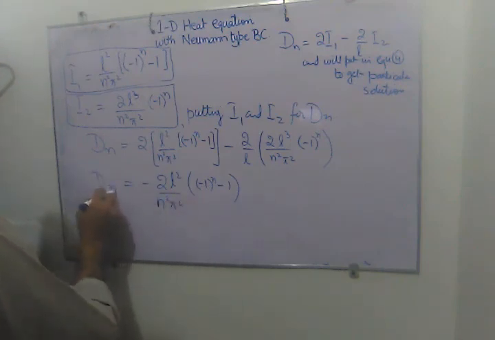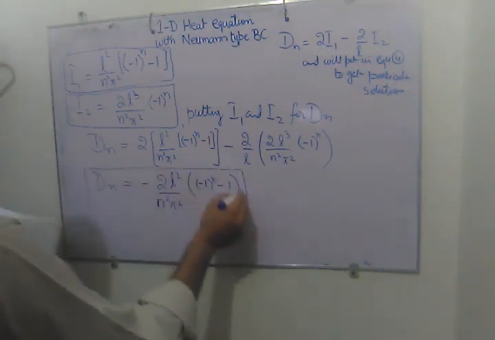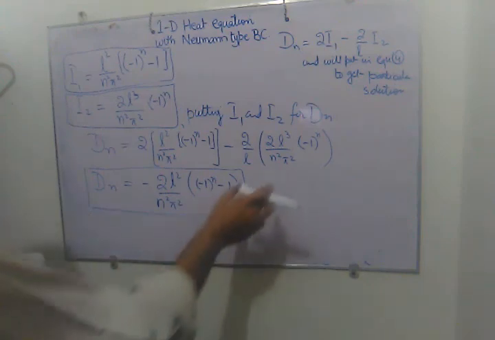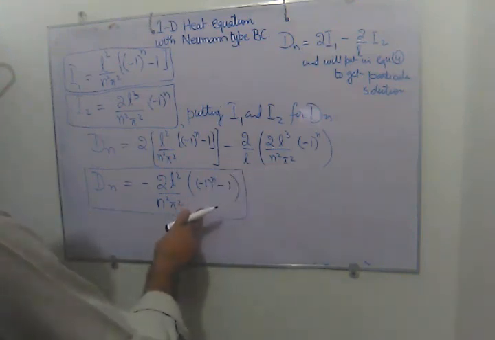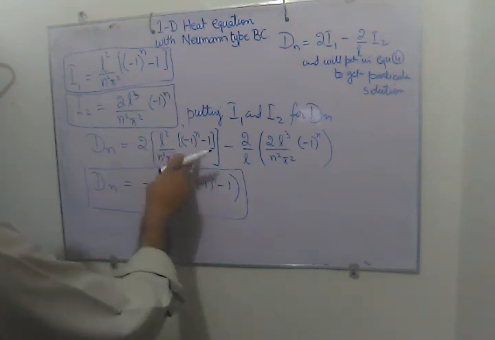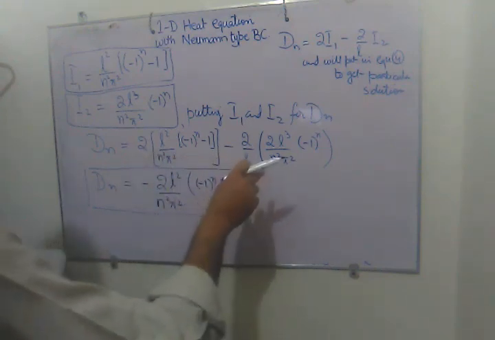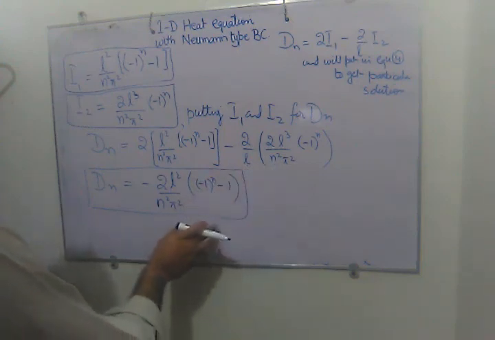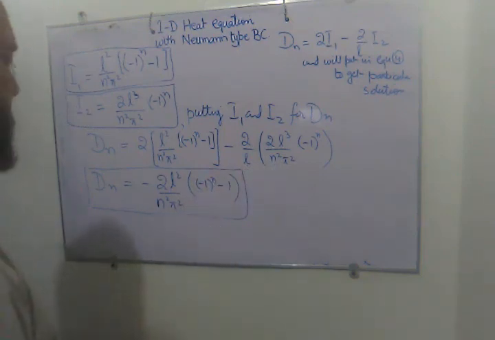So this would become the dn. I have omitted 3-4 steps to come at this result. So you have to open all these terms, and then some terms will cancel out and you will get the expression for the dn like this.